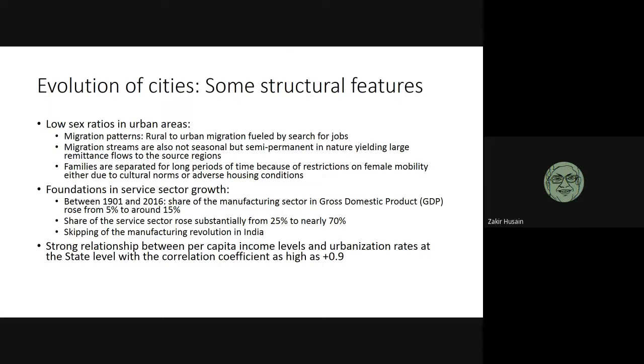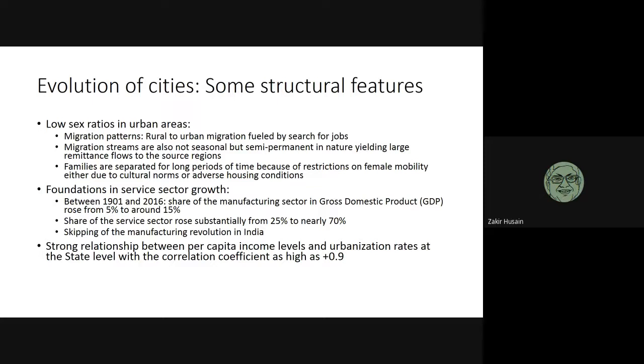But in developing countries like India, manufacturing is growing very slowly, but urbanization is growing much faster. So this led to the proposition that, given the size of the manufacturing sector, the urban population is much higher than it should be. That is why it is called over-urbanized.